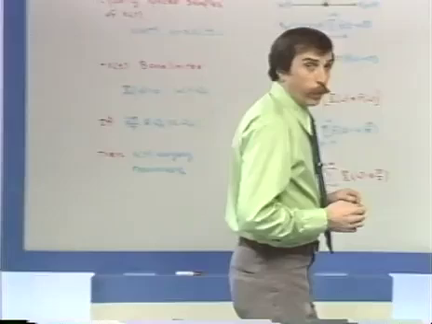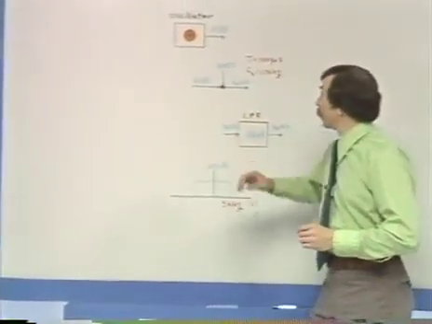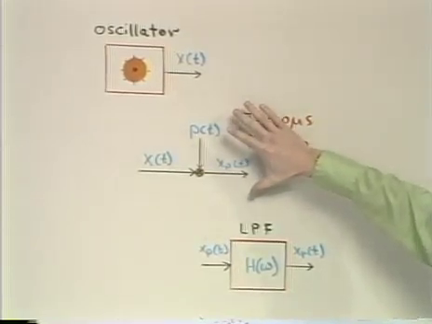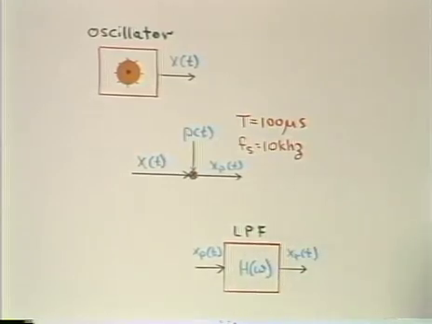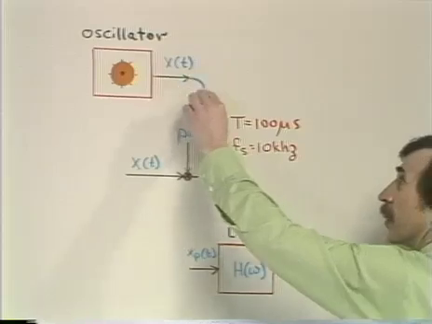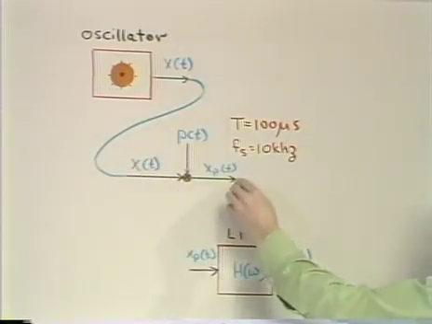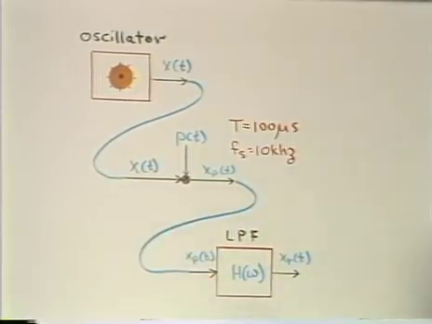Now let's hear how it sounds. What we have for this demonstration is an oscillator and a sampler, and the output of the sampler goes into a low-pass filter.